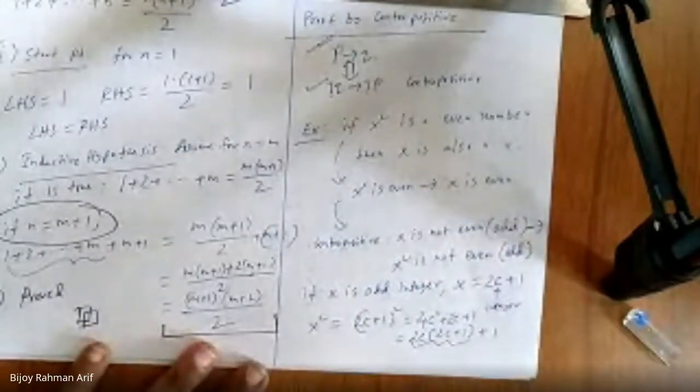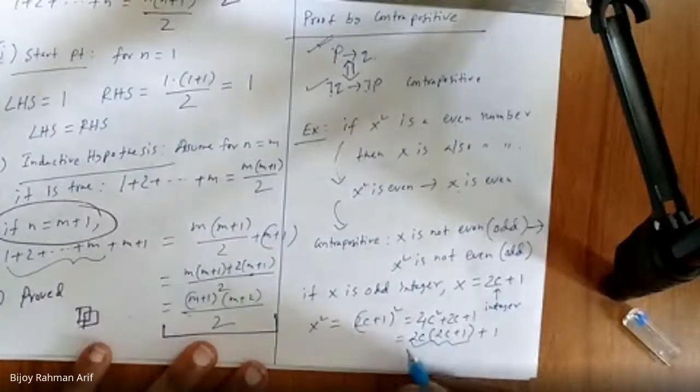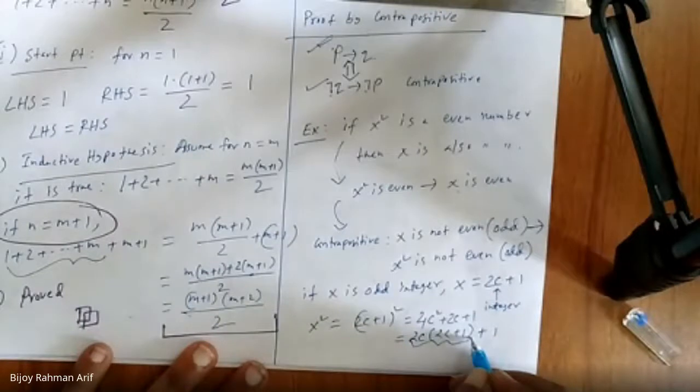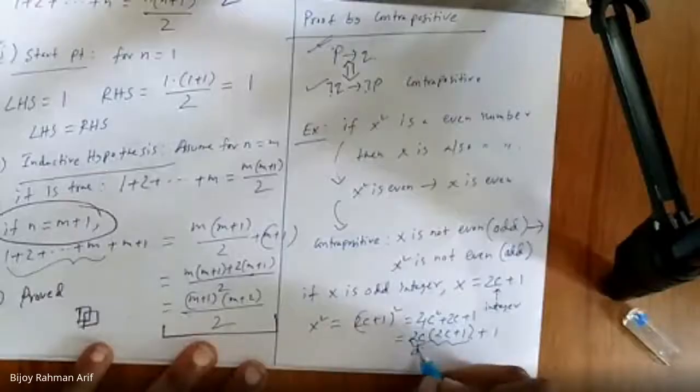So what type of number is this? Up to here, 2c times (2c plus 1), what type of number is that? Even, divisible by 2.